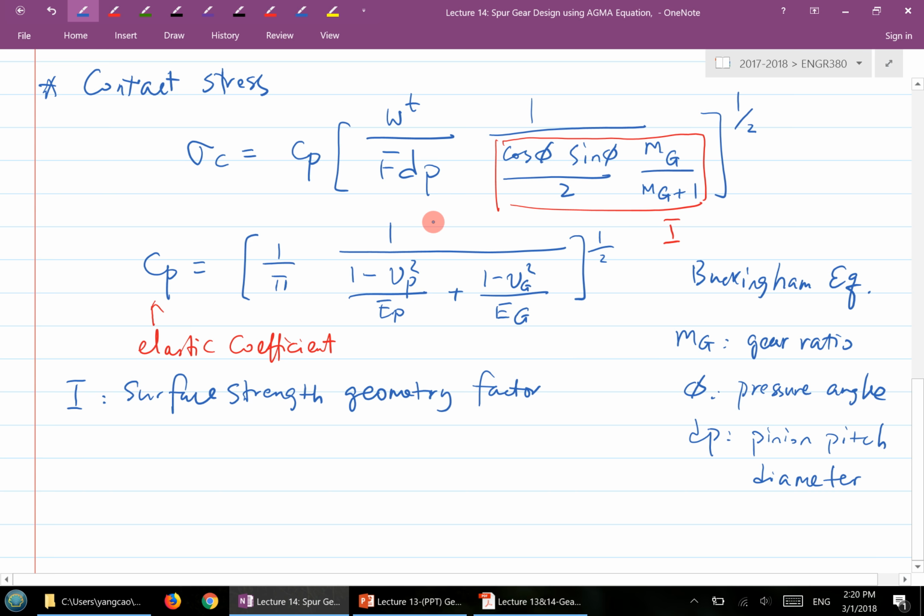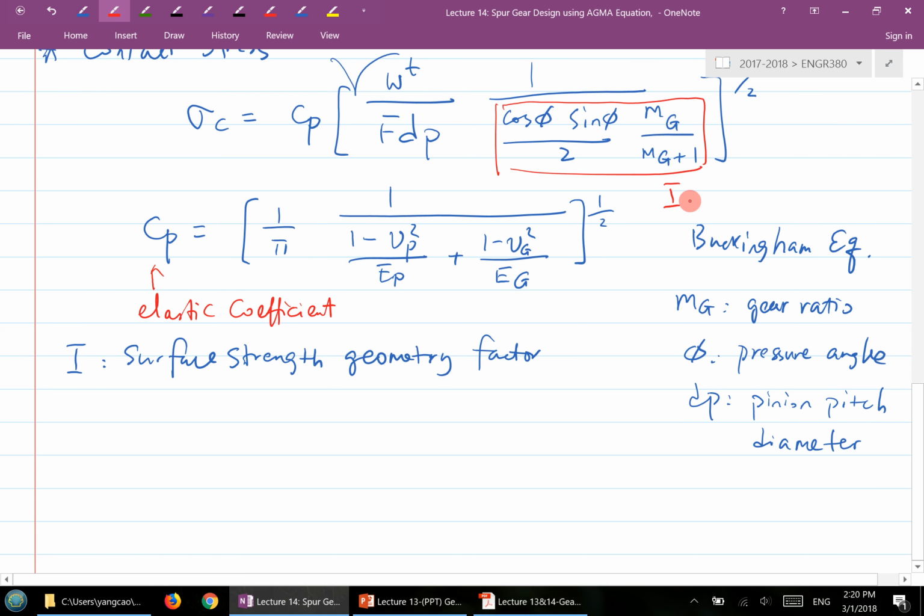It's the basic AGMA equation, which we call the Buckingham equation. For the AGMA equation, you add a whole number of factors, those KO, KV, KM, and then KS. That's the complete AGMA equation, but the format essentially is the same.